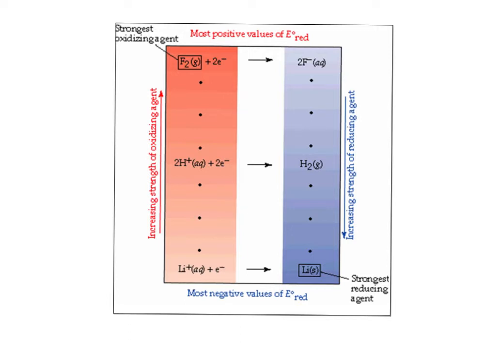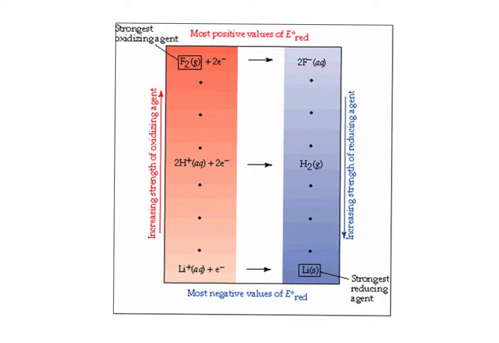And so if we have our top reaction here, this is the most likely to be a reduction, high potential for gaining electrons. But we know that if the F2, that fluorine here, is reduced, that makes this the oxidizing agent. Down low here, these have the greatest potential for losing electrons.